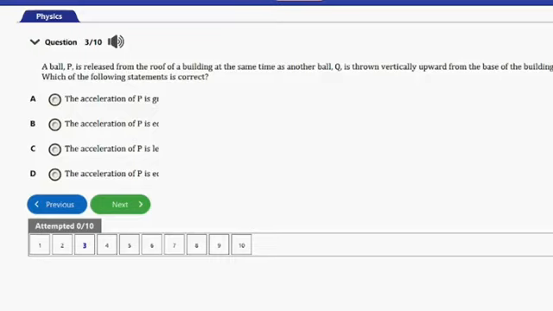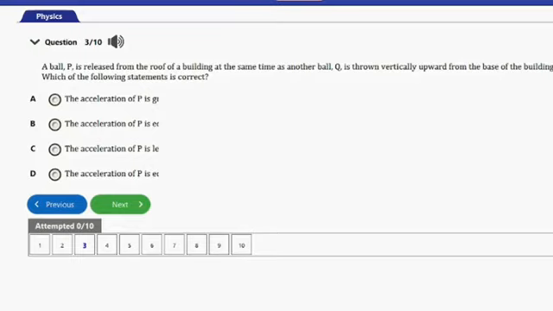A, the acceleration of P is greater than that of Q and both are in the same direction. B, the acceleration of P is equal to that of Q and are in opposite directions. C, the acceleration of P is less than that of Q and both are in the same direction. D, the acceleration of P is equal to that of Q and both are in the same direction.